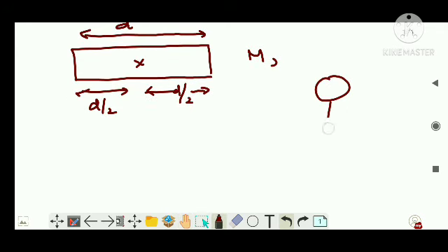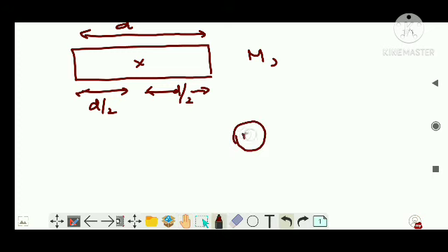I'm just giving an example, this is not in your textbook. When you consider your body, the center of mass is actually near your waist or abdomen. So this point which I have marked is the center of mass of this object.